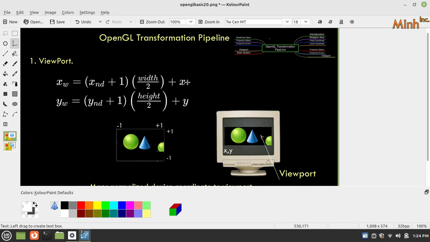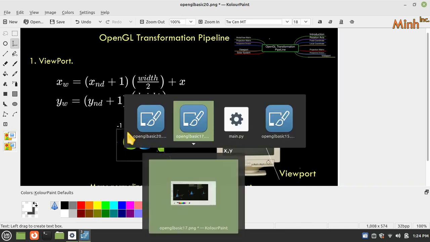So typically it would be 0, 0. But if I place x and y, then plus x and y, whatever the width of the viewport, whatever the height of the viewport, and whatever the device x and y we received, this would be the xw and yw.